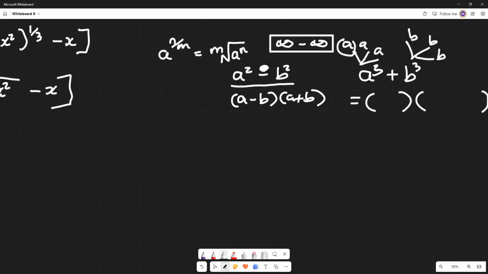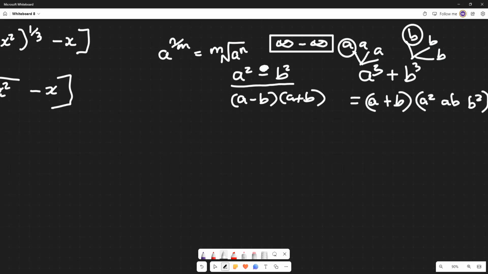For the first bracket, you just take a and b, and take the sign there. The second bracket is easy: a times a gives you a squared, b times b gives you b squared, and a times b gives you ab.